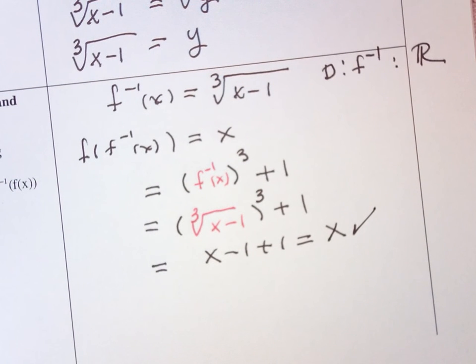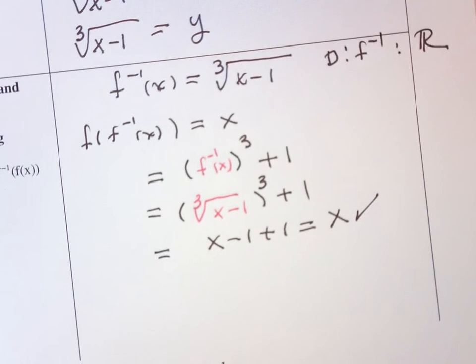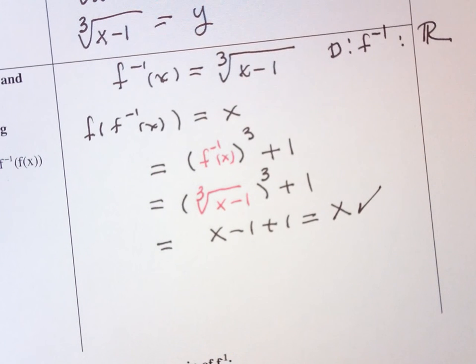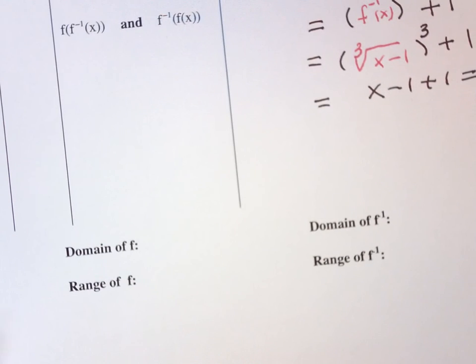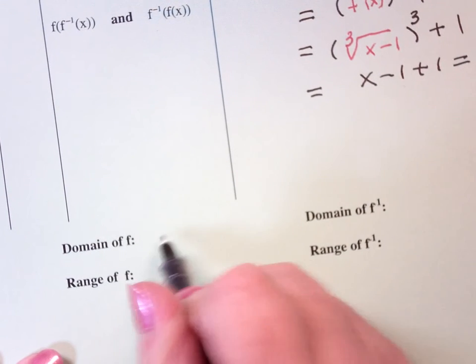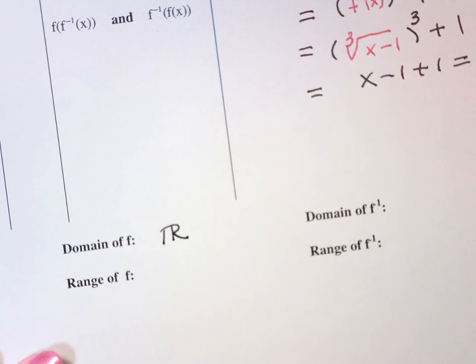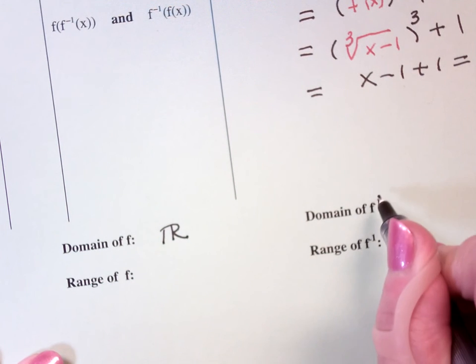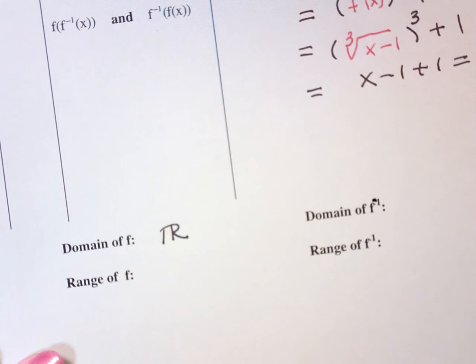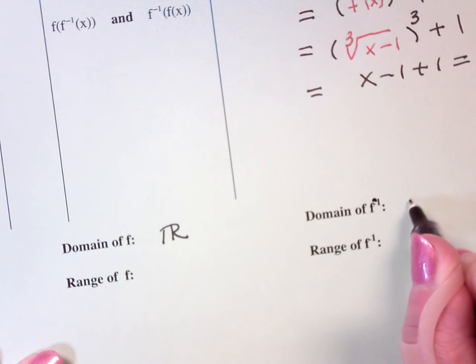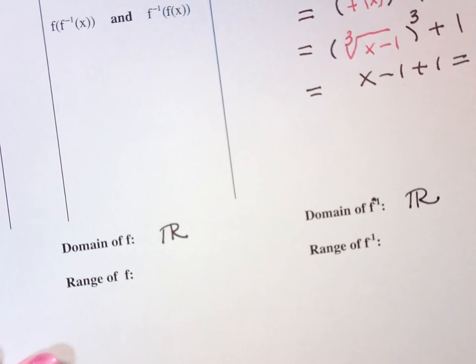So I have found the inverse. Now it says down at the bottom, what's the domain of f? Well, we found the domain of f is all real numbers. And we found that the domain of f inverse is also all real numbers.